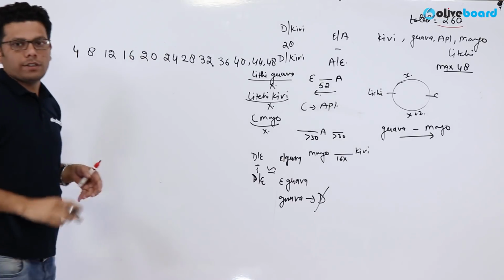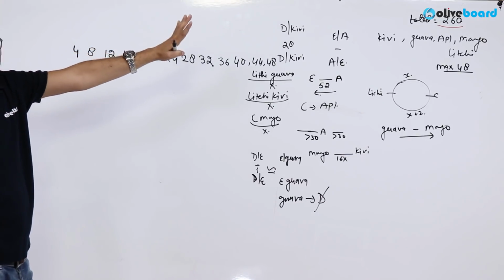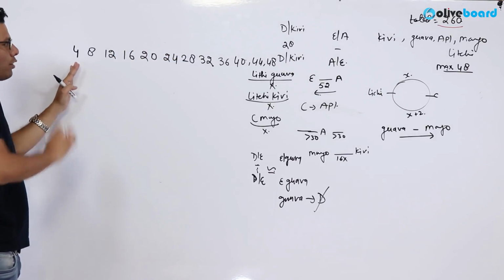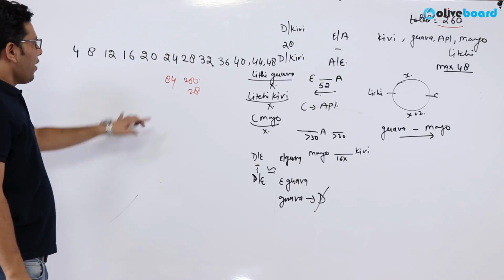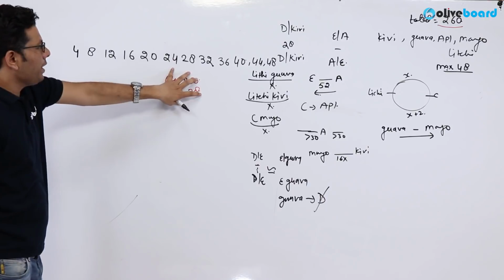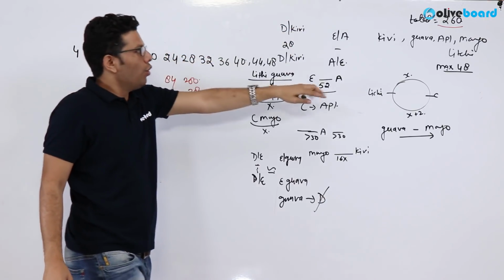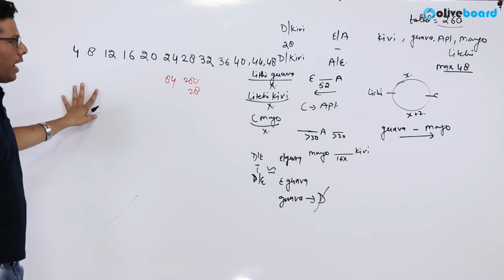This is one combination, but I need a sum of 260. If I do the sum of this series, it would be much higher than 260. So what can be the best combination?